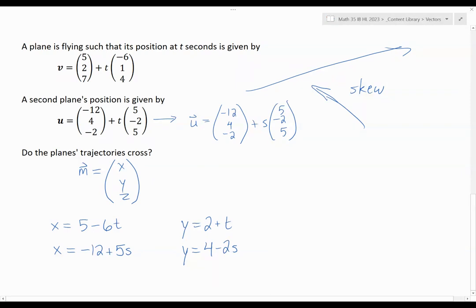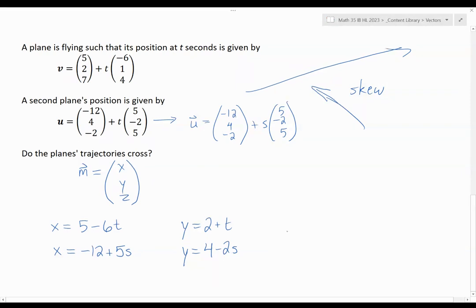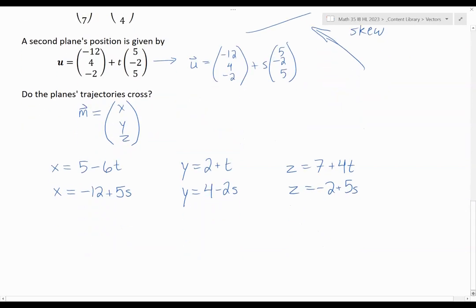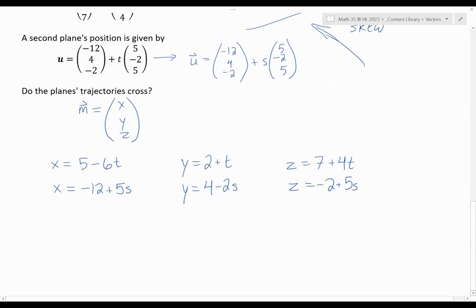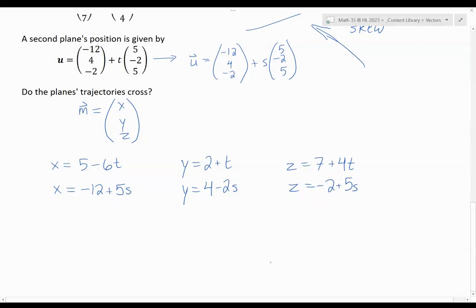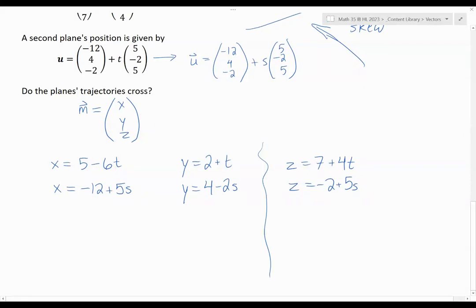And for the third coordinate, I get that z equals 7 plus 4t, but z also has to equal negative 2 plus 5s. So now I have 6 equations with 5 variables. I'm going to deal with each one individually. I'm going to first leave z off. I'm going to use z as my check because these first 4 equations with 4 variables are completely solvable as is. So I can write 2 equations with just t and s.